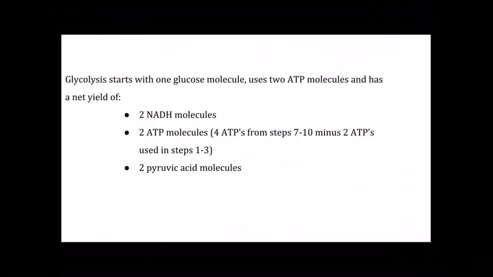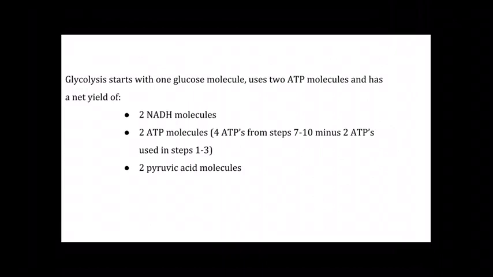So let's summarize this. Glycolysis starts with 1 glucose molecule. It uses 2 ATP molecules in the beginning. Remember those steps 1 through 3 required 2 ATP molecules. And we get a net yield of 2 NADH molecules. Those are our high energy molecules. It's that B vitamin that's temporarily storing that energy for us, and we're going to see it again later.